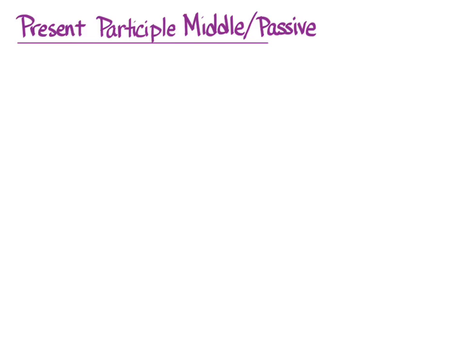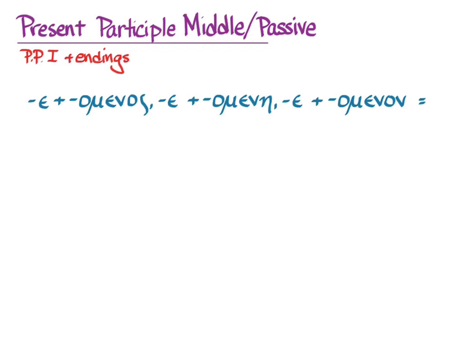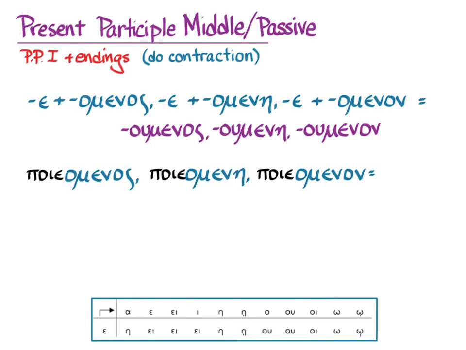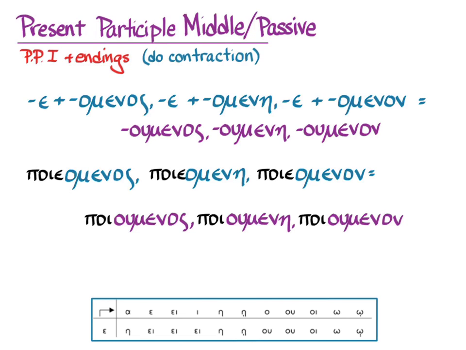That leaves us with the present participle middle passive, first principle part, and the endings. So here are the epsilons and the endings that you already know. And that epsilon is going to contract with all of those omicrons to do the ou thing. And we get -oumenos, -oumene, -oumenon, which means with our poieo, our demonstration verb here, they're the uncontracted forms, and contracted, they become poioumenos, poioumene, poioumenon.